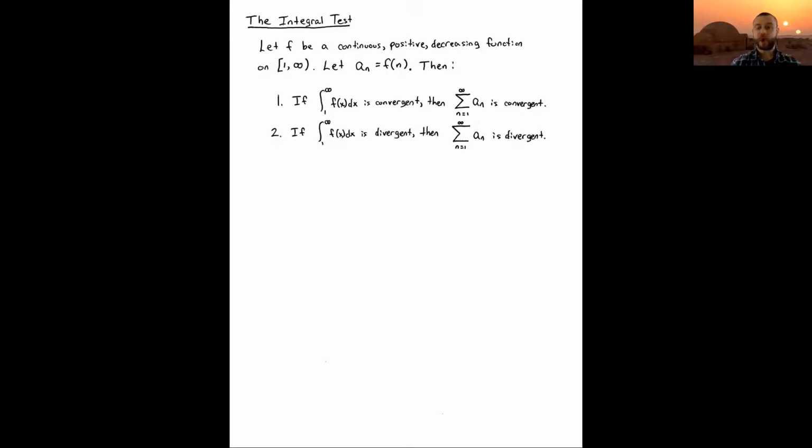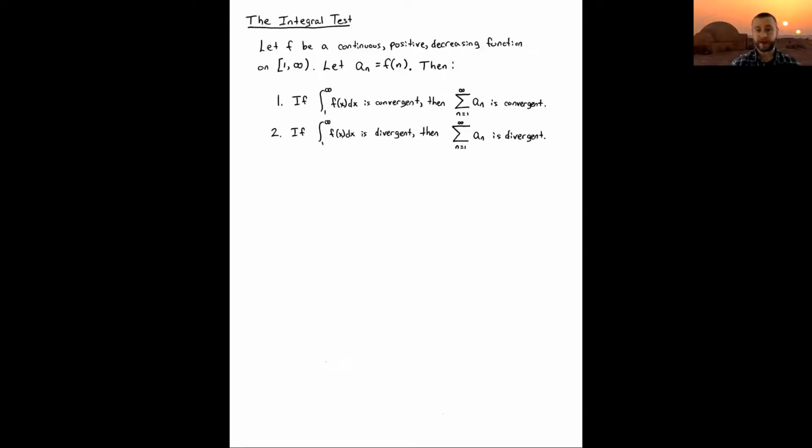Now, this goes back to our intro example that we covered a few minutes ago, where we said our function f of x was 1 over x squared. We turn our continuous function f of x into a discrete function, an nth term, general term, a sub n, basically just replace your x with n.